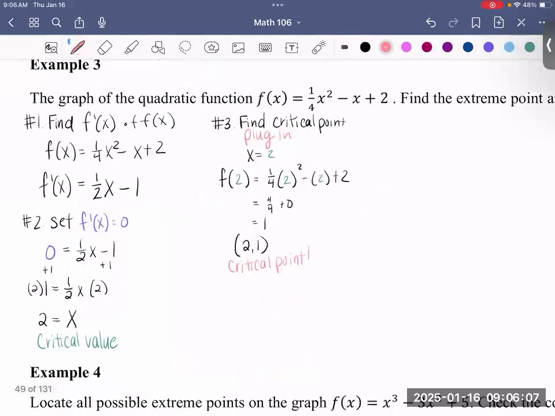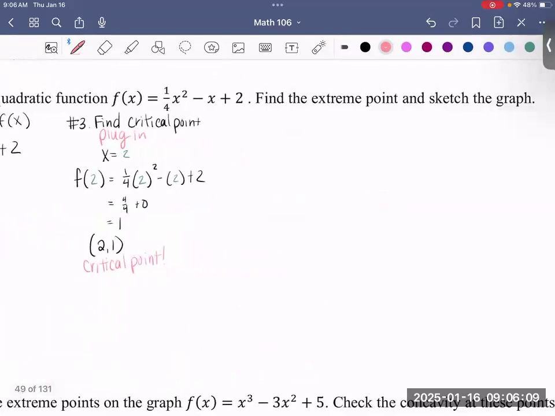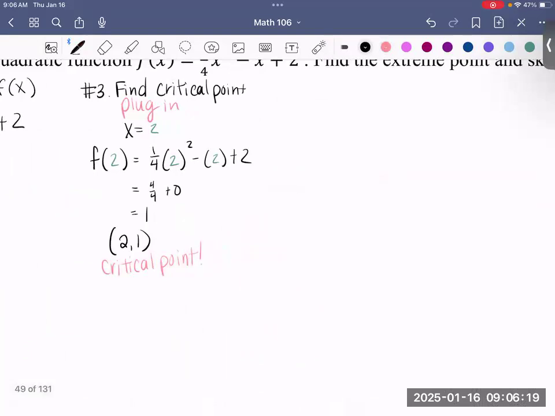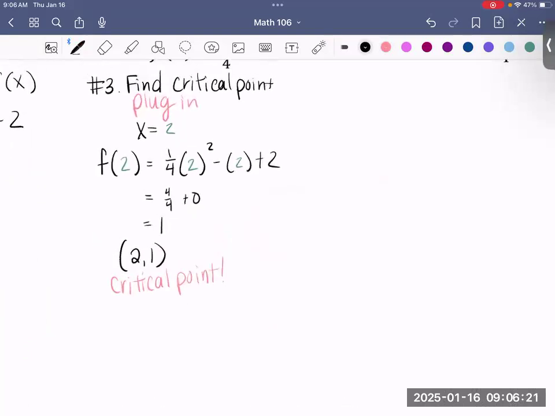So now if we are trying to determine your extrema based on not the first derivative test, but a second derivative test, what we end up doing is that we can plug in, step 4, we can plug in your critical value into your second derivative.